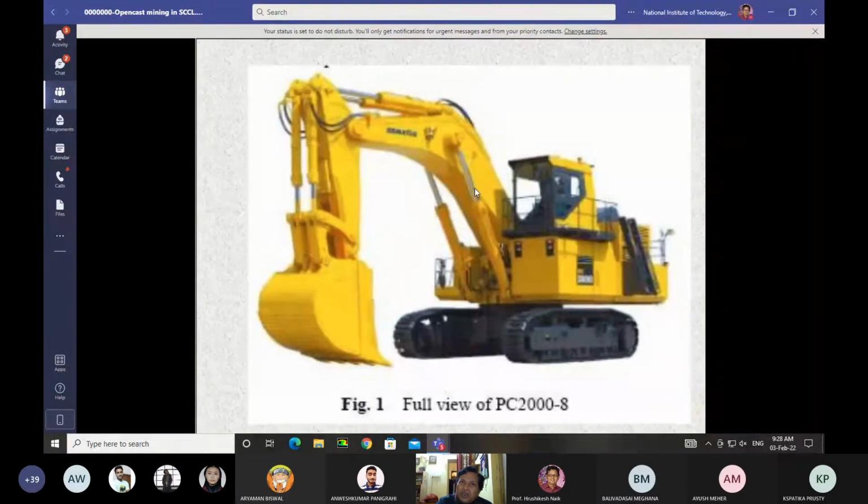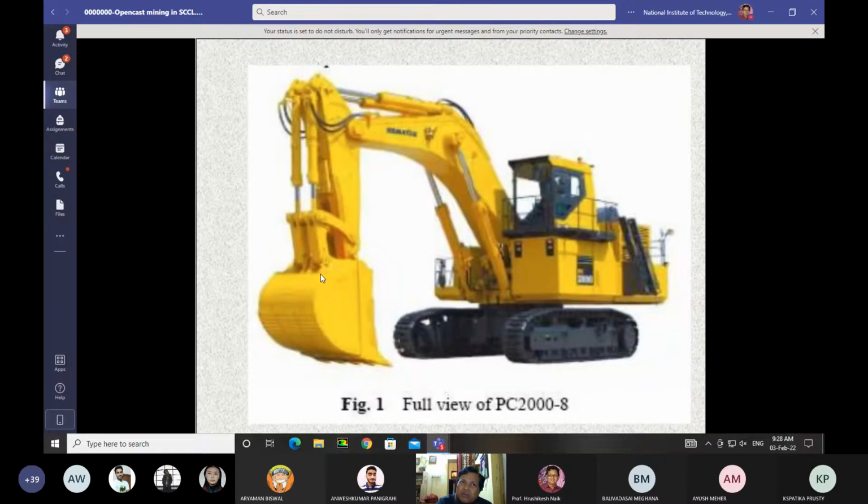There are two cylinders here. They are filled with oil, hydraulically operated cylinders. To raise the bucket and to lower the bucket, these hydraulic cylinders are used. And there are another two cylinders attached to the bucket.